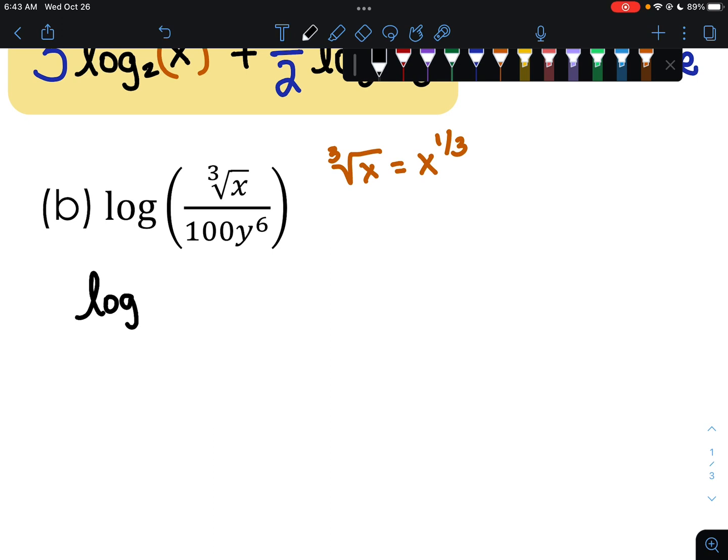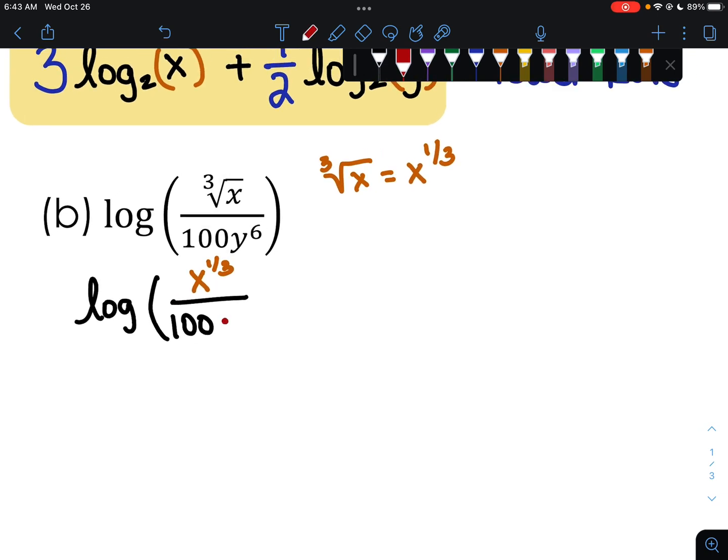So I have log of x to the 1/3 power over 100 y squared, or y to the 6, I'm sorry. So when we do one like this, we're going to start with this division right here.